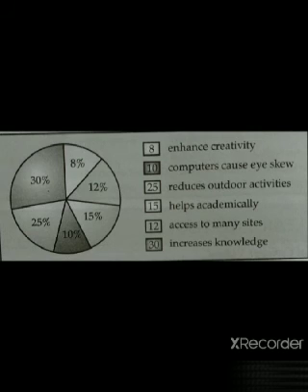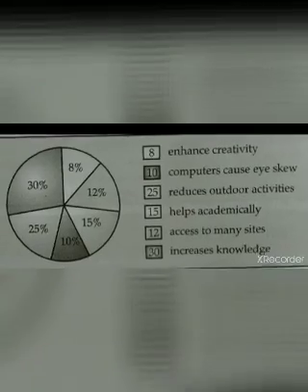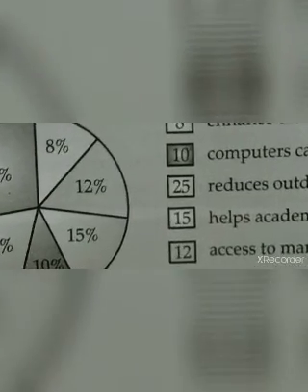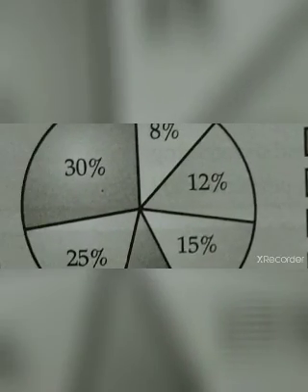So let's see an example. Here is an example of a pie chart. Your question is this: a survey was conducted by a school to discuss the role that information technology or computers play in the growth and development of children. The data is given in the form of a pie chart.